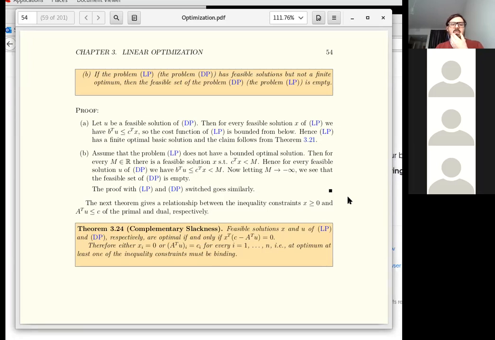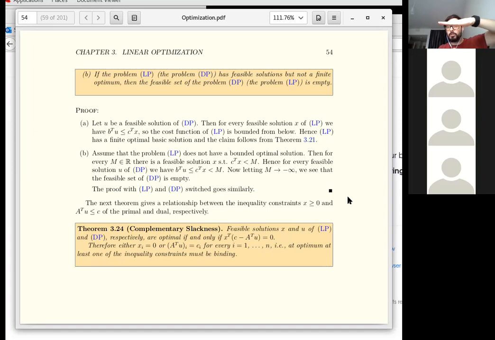It tells us that if a corresponding variable xi, now this is just one variable, is a null variable, or if the corresponding A transpose U i, meaning the corresponding dual constraint, is at the limit.